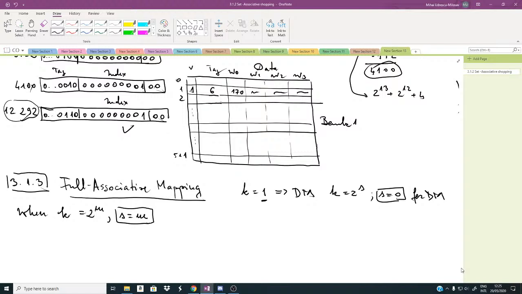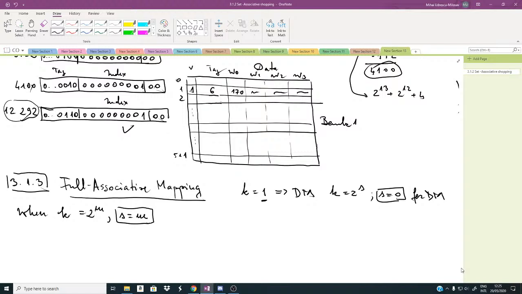Because searching in the cache becomes very difficult. Searching after tags is a difficult job, and searching sequentially is out of the question. If you have a big enough cache, it means that you take sequentially, I don't know how many, thousands of blocks and thousands of tags, and comparing them sequentially is out of the question.